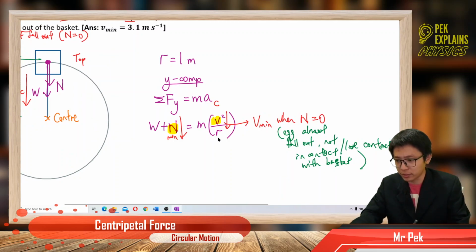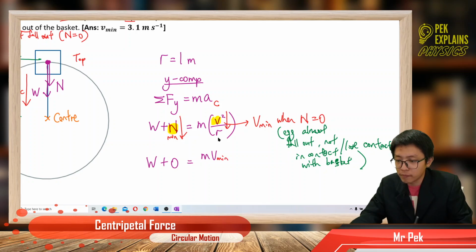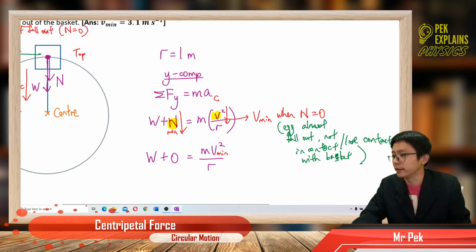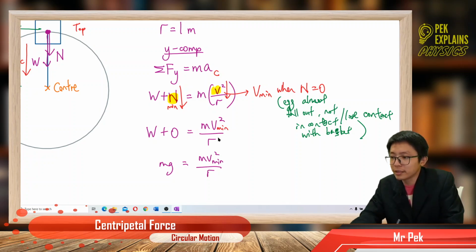So put N equal to 0. So what do we have? W plus 0 equals m v minimum squared divided by r. Our W is mg, so we can cut the mass.